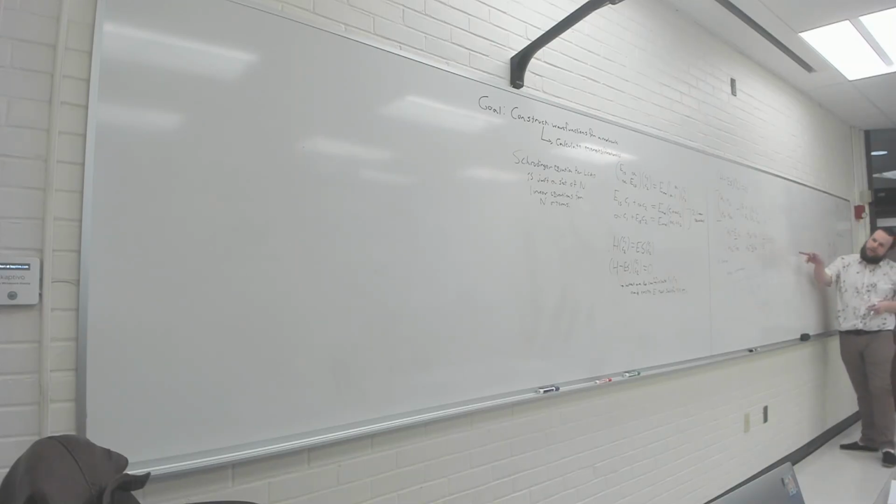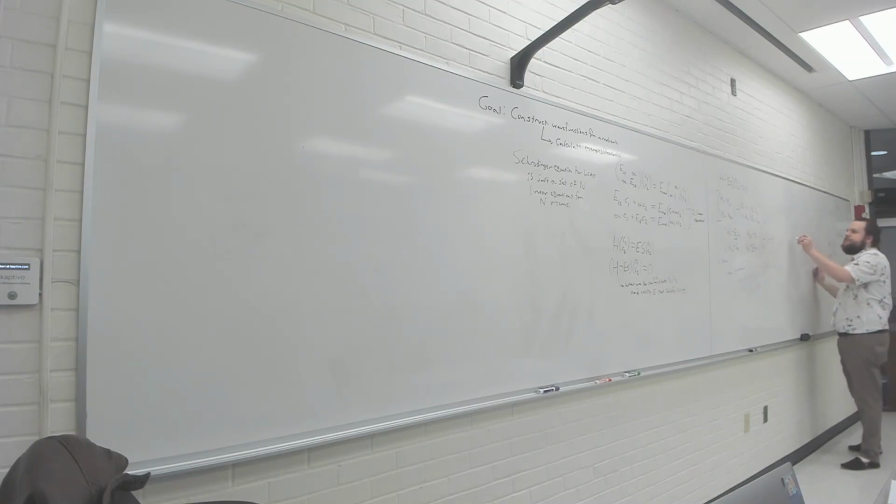Okay, and so all we have to do is just take the product of the crosses and then subtract them off of each other. So we're going to get an equation that looks like H11 minus E1 S11 times H22 minus E2 S22 minus this product, H21 minus E S21 times H12 minus E S12 equals 0.